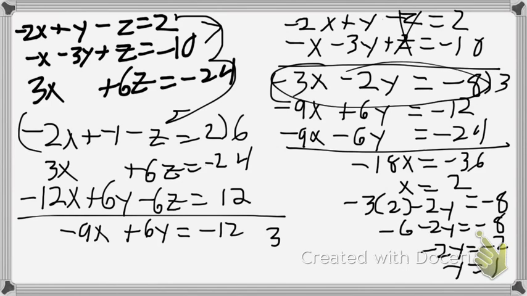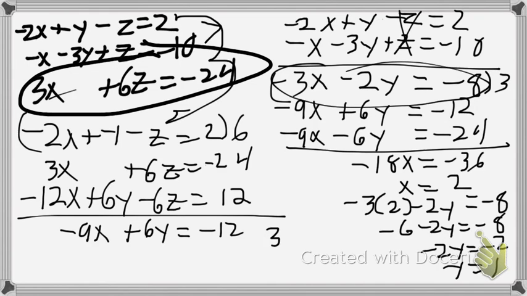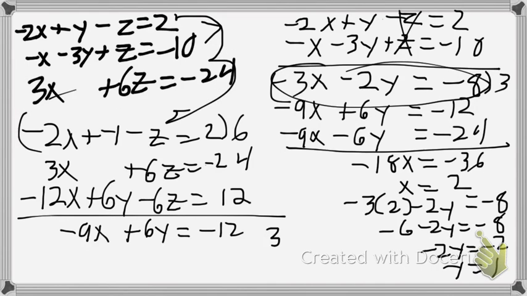So now I could plug the x and the y back into the top two equations. But what I'm actually going to do is plug the x into this equation right here, and the reason for that is that it's only got two variables. So if I plug the x in there, I then just have to isolate my z.